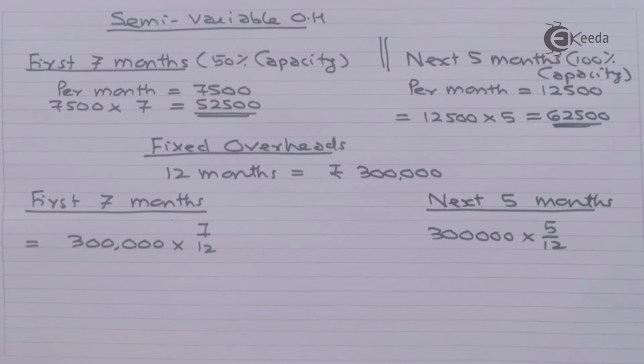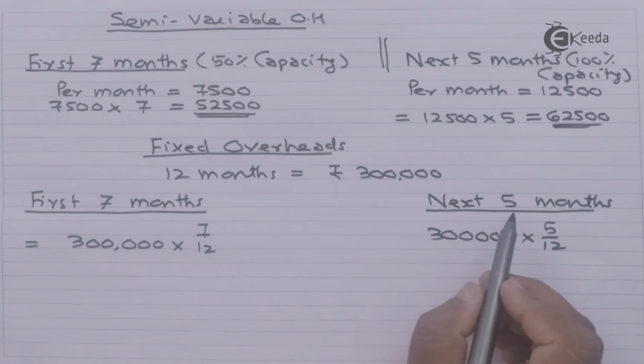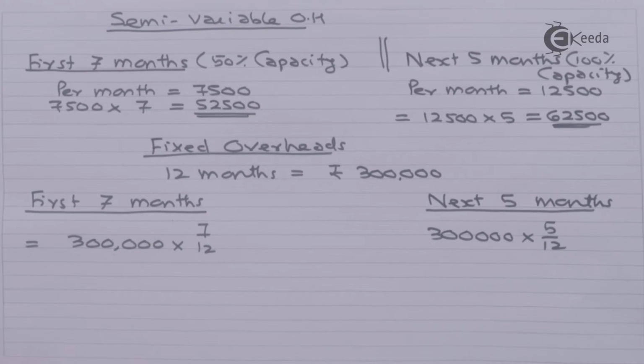Fixed overheads will be allocated on a time basis, that is 7 months and 5 months. During the first 7 months it will be rupees 3 lakh multiplied by 7 by 12.